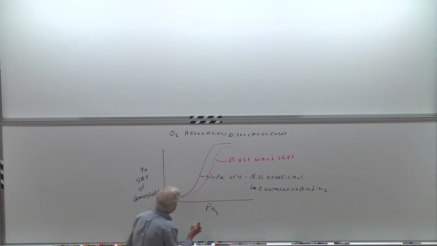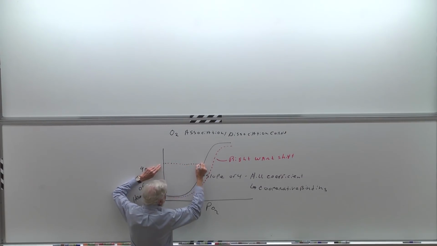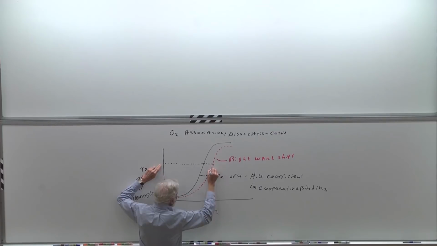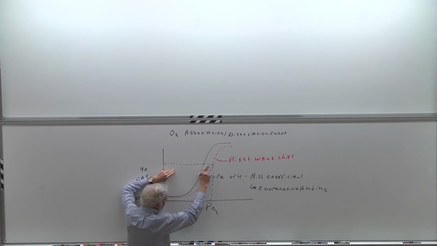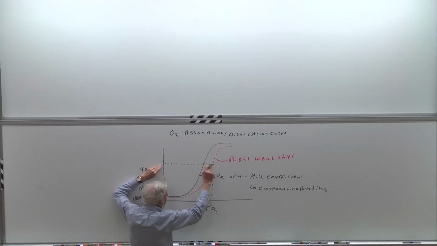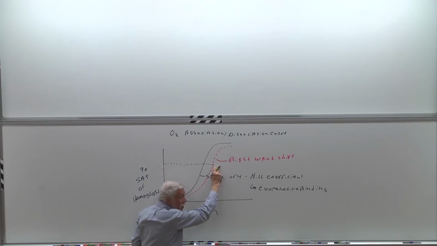And we said if we would draw a dotted line here for percent saturation and run them through these two, we would find that the percent saturation here is now the same at a lower PO2 for the black line than for the red line.